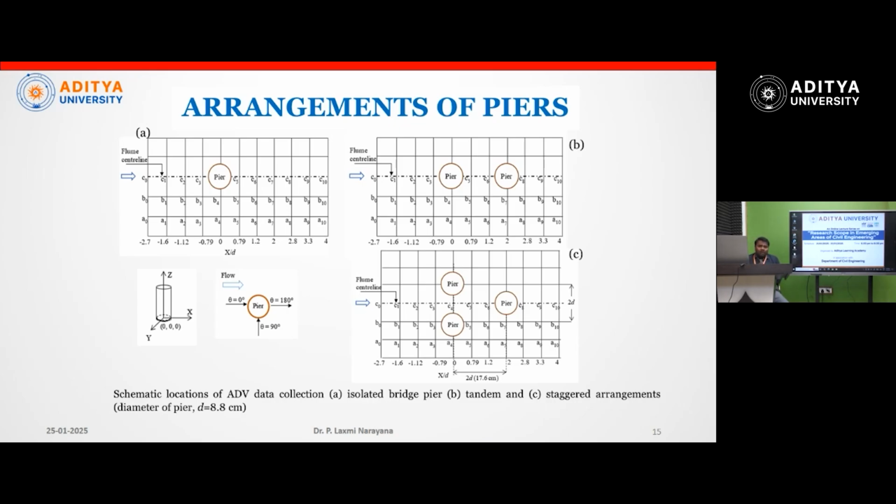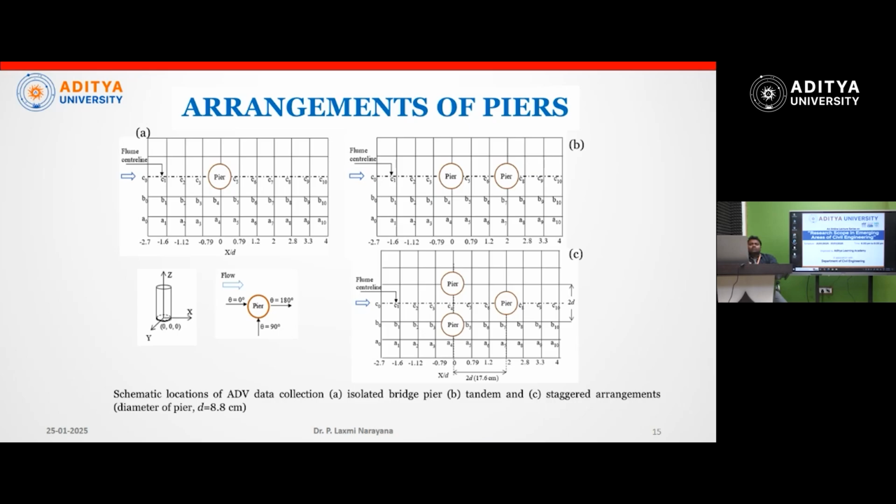The second is the ultrasonic ranging system, URS, which detects the bed elevations. These are the two instruments I used. The ADV costs around 70 lakh, and the ultrasonic ranging system around 35 to 40 lakh. Both are already available in my institute, so I carried out my experiments very smoothly.